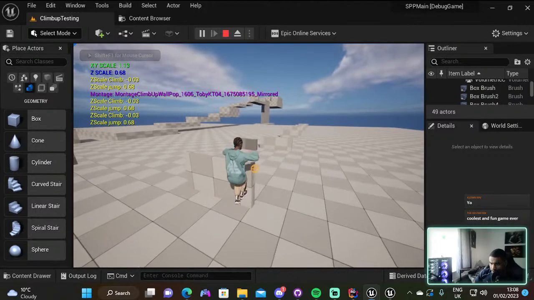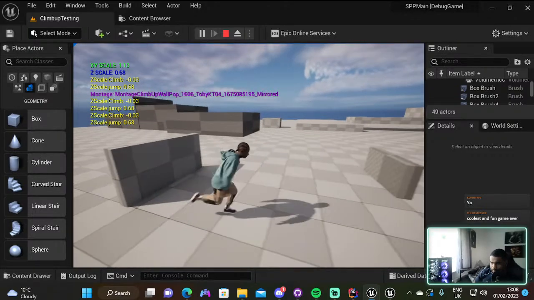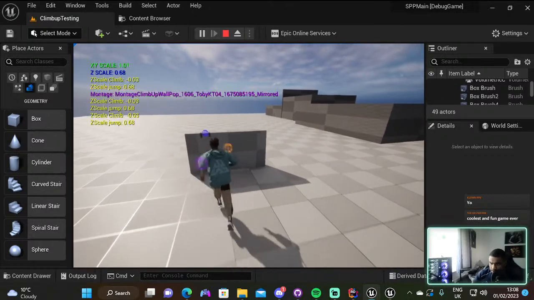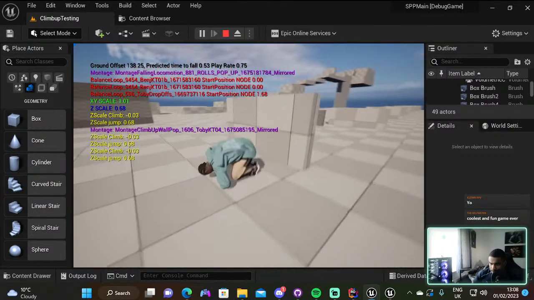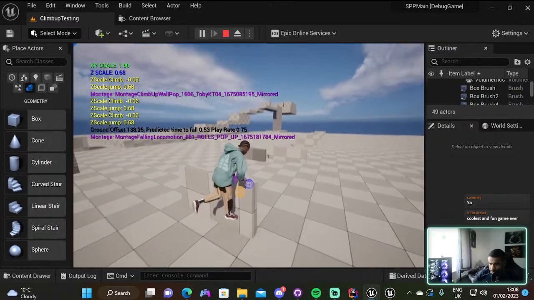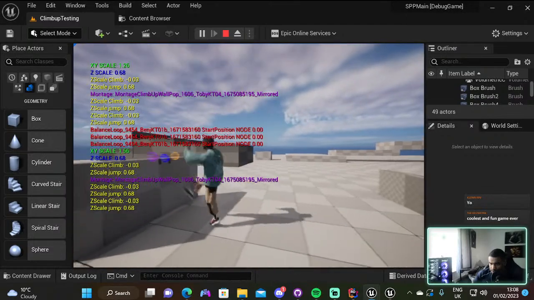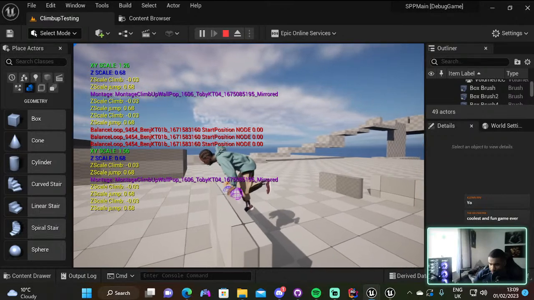So here, I think in terms of your heights, there just seems to be something always wrong. If you look at the actual heights, it just looks wrong.